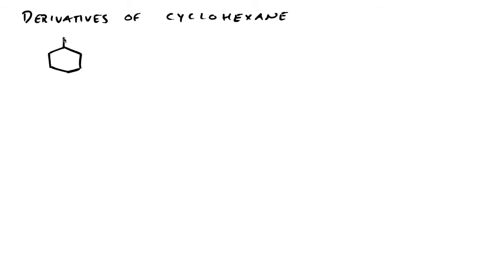We'll draw methyl cyclohexane, put a little CH3 there. Maybe put the line a little higher. There we go. So methyl cyclohexane, and let's draw a chair form of that structure.